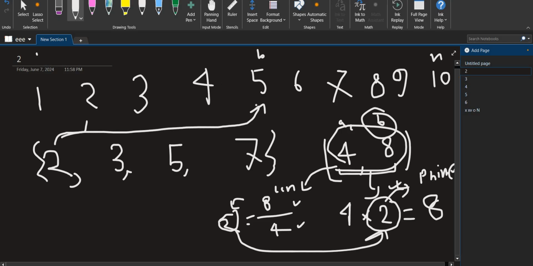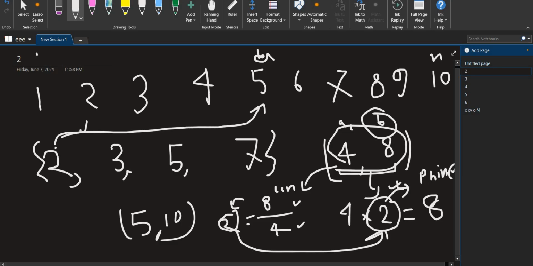So for 2, the maximum that can arise is 5. Sorry, I think it's A. So 5 times 2 would be 10, so the maximum pair with respect to multiplying with this prime number 2 is 5 with 10. Similarly, this is the maximum.